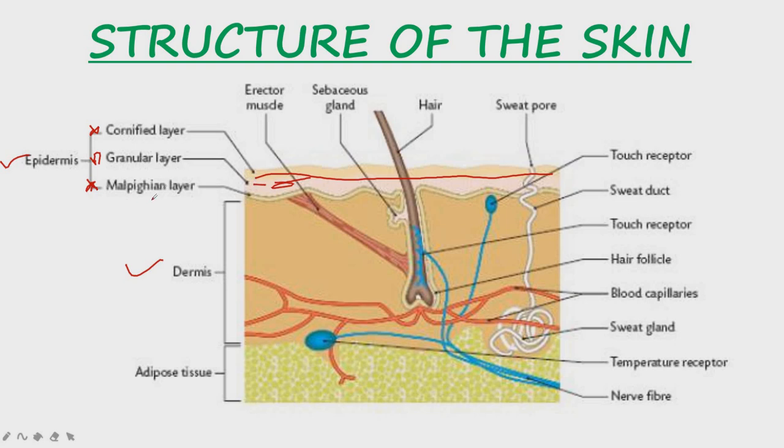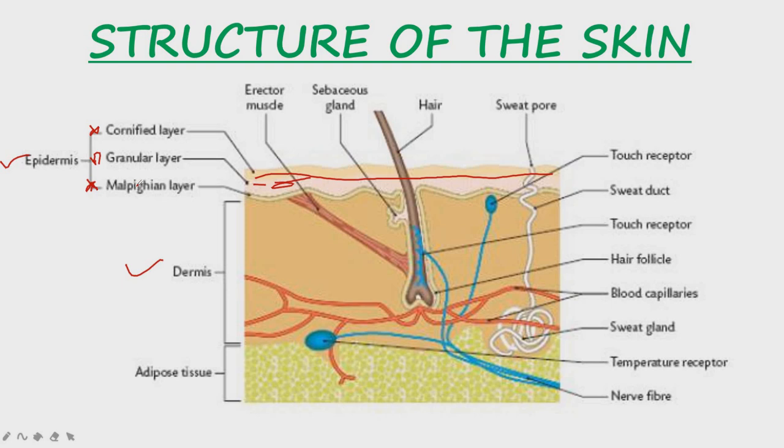Now the malpighian layer, or germinative layer, is the innermost layer, the third layer of the epidermis. This layer, as I have said earlier, consists of actively dividing cells. These cells are pigmented, which means those cells have pigments.